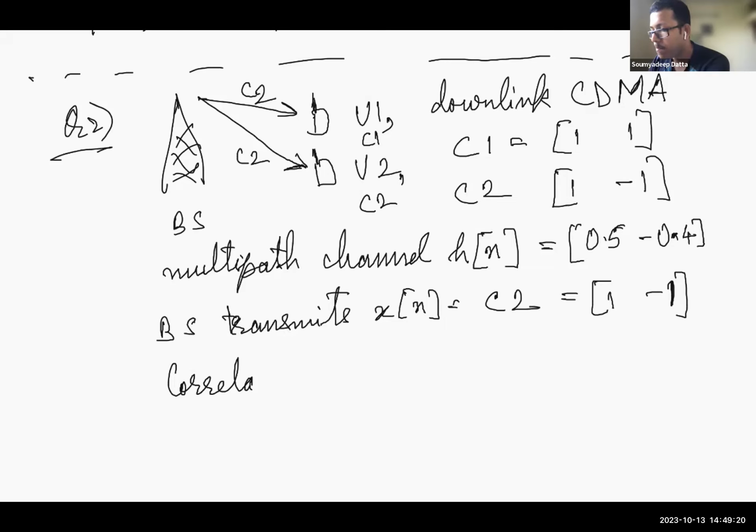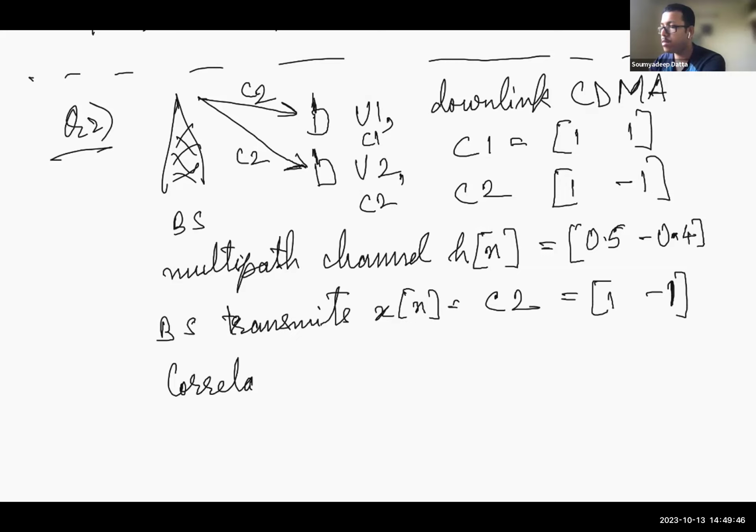Let us see. x of k, h of 3 minus k. And so for k equal to 0 and 1, we'll have h of 3 and h of 2, both of which don't exist. So both of them are 0. And for k equal to 2 and 3, x of k doesn't exist. x of 2, x of 3 are 0. So this will come out to be 0.